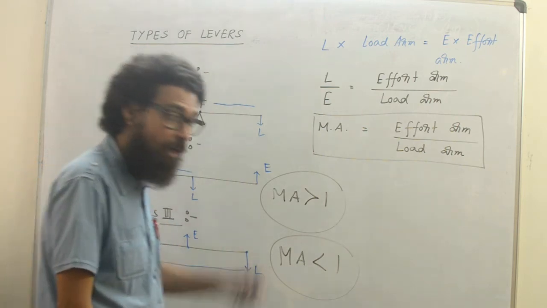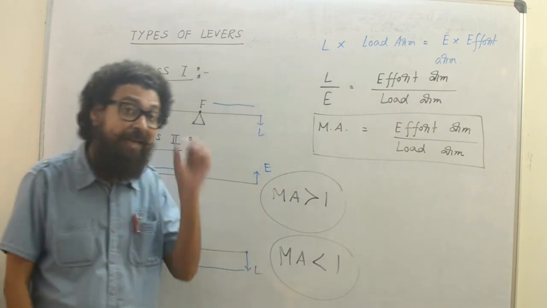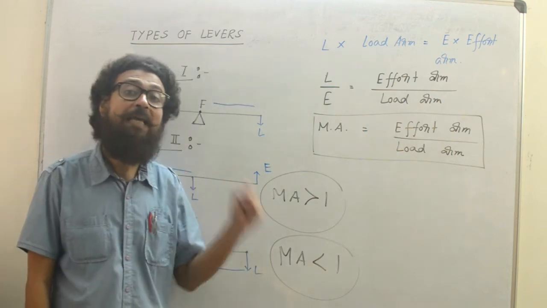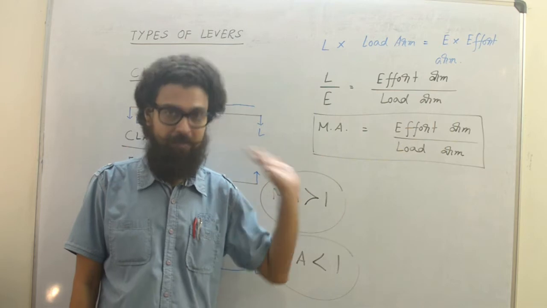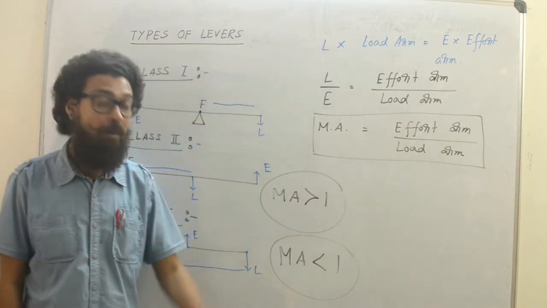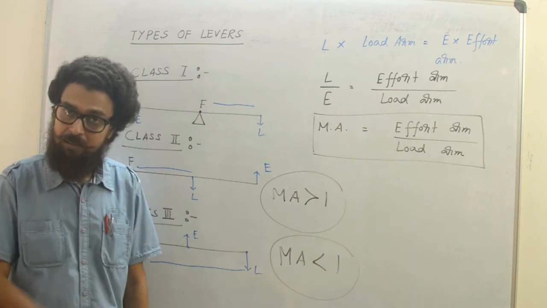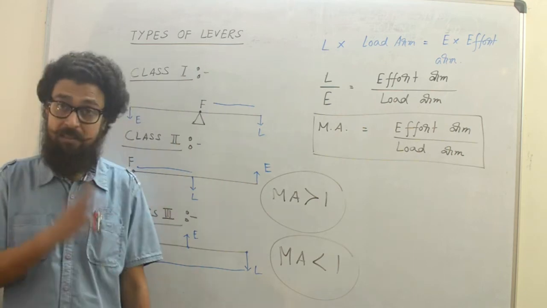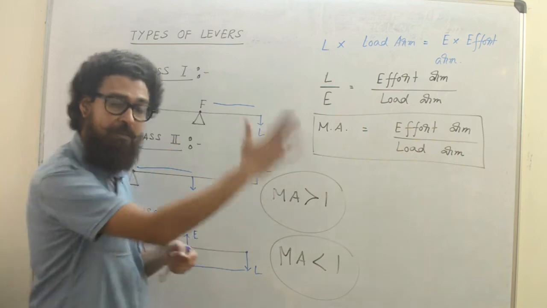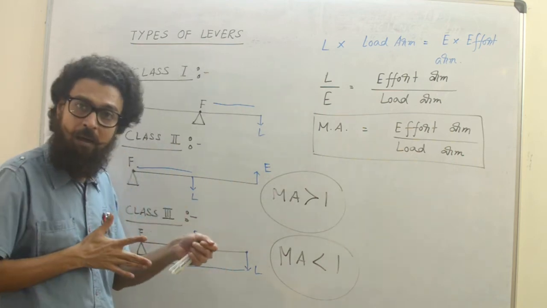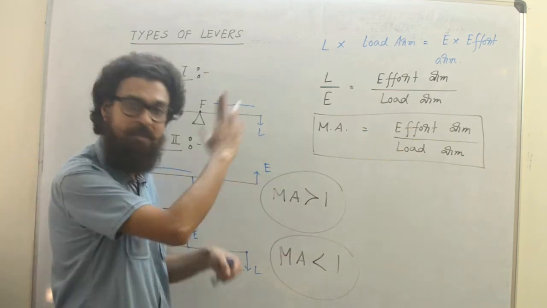Our intention was to gain speed. Maybe we are applying more effort than the load, but our intention was to gain speed. Even for scissors in class 1, which is not class 3, we gain speed. We want to cut papers or clothes fast.